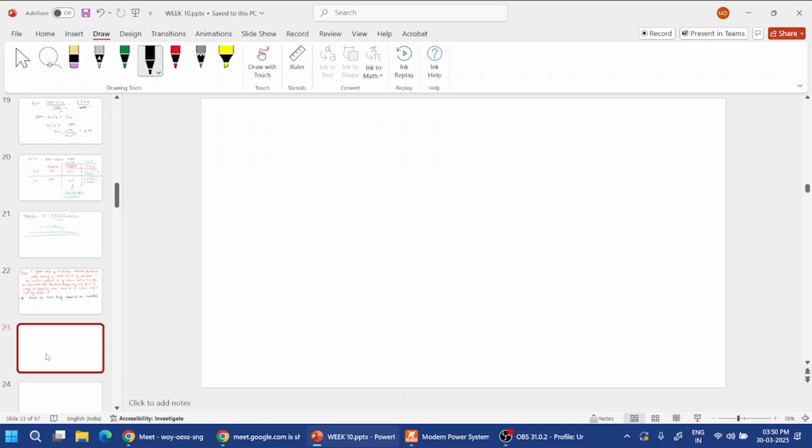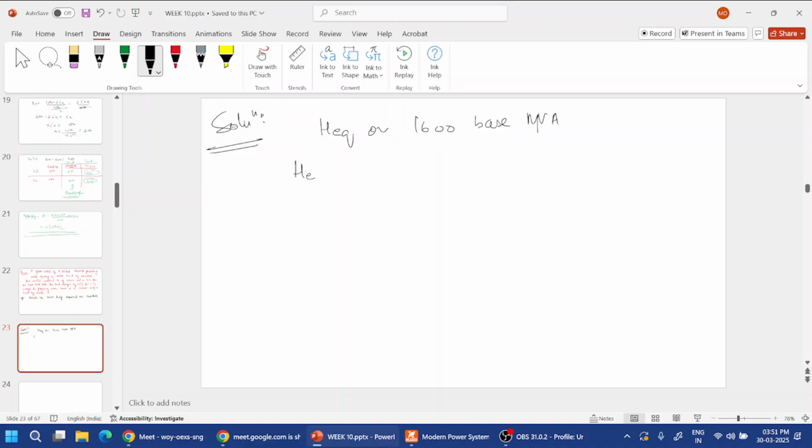So first of all, we will do this. If we refer those to a base case, then we have to find the H equivalent on a 1600 MVA base.